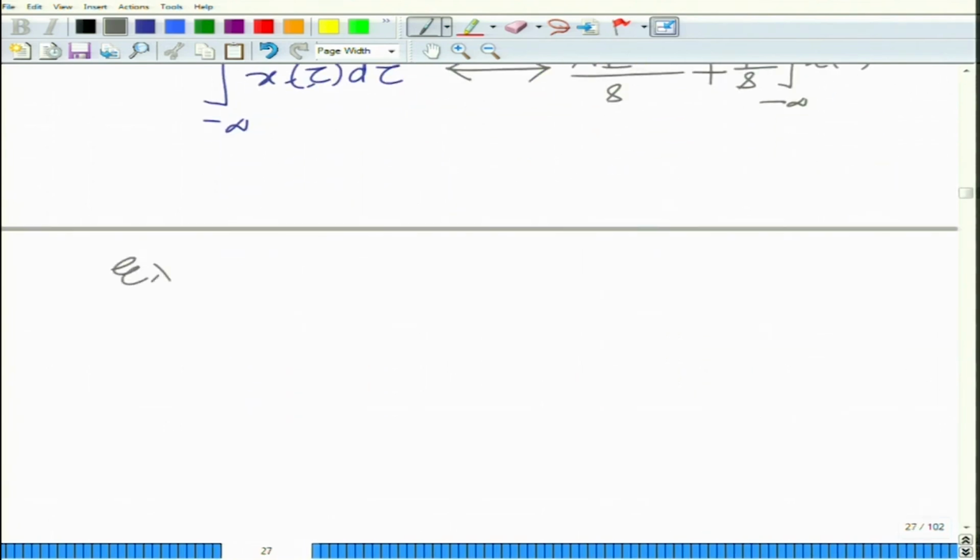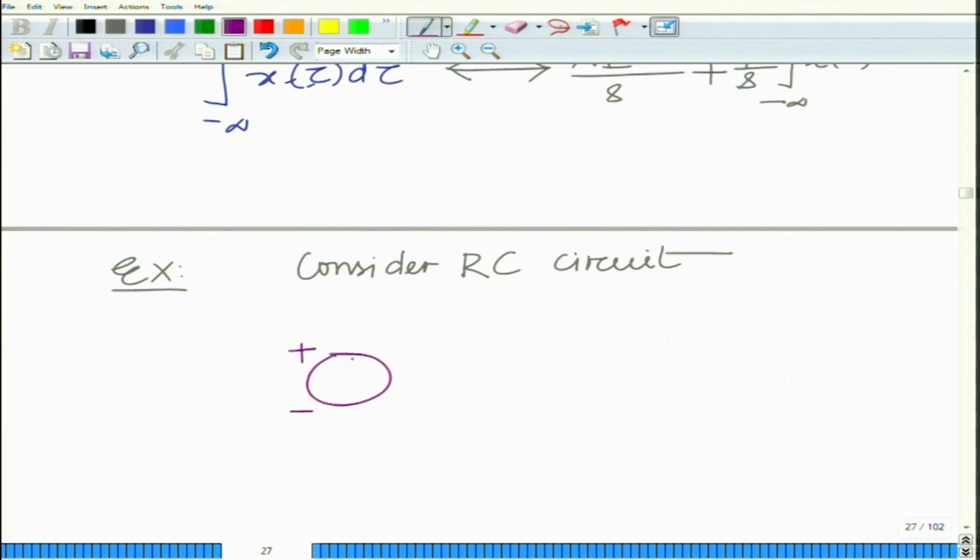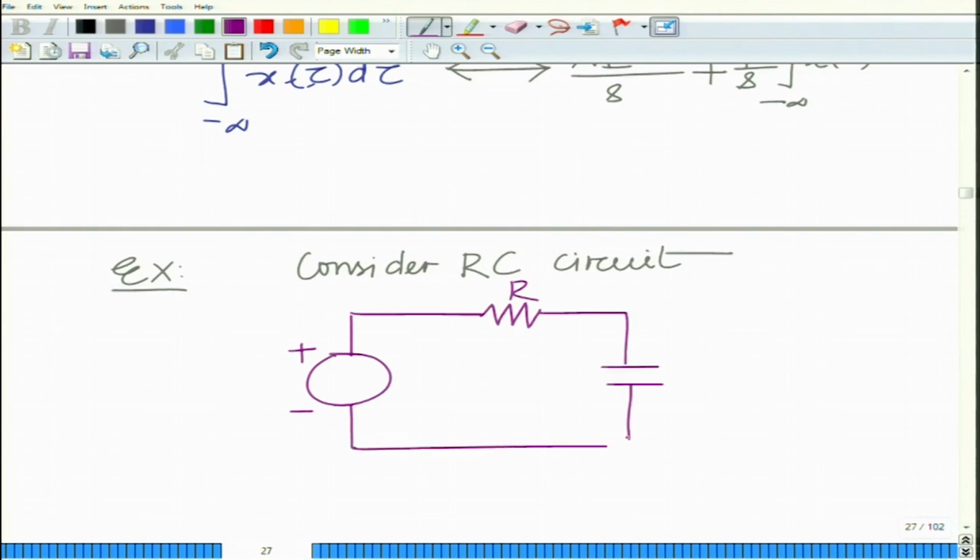Let us consider the RC circuit below, where you have a voltage source connected across a resistance and a capacitance in series.